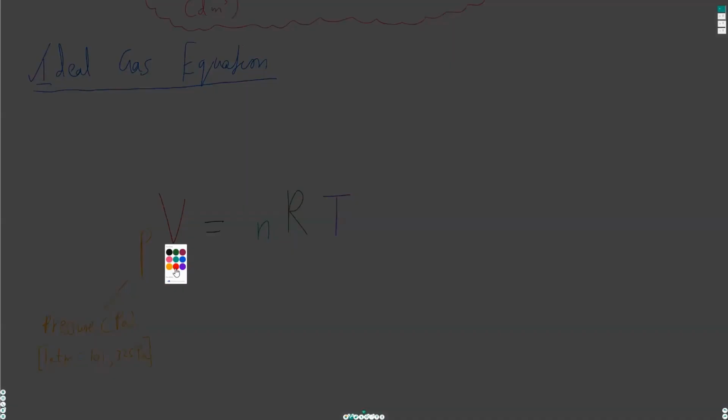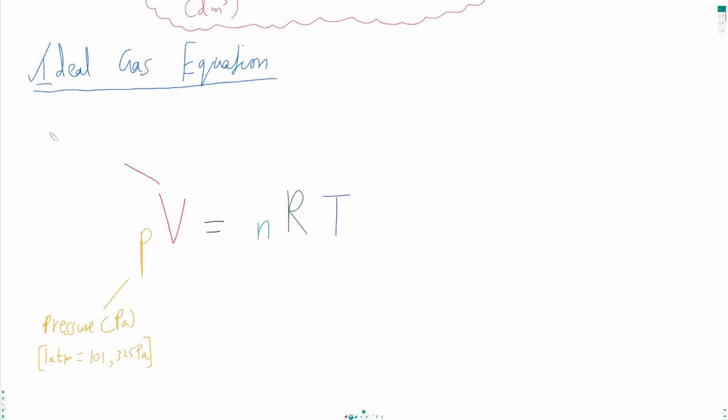V, the red one, stands for volume, and volume is in cubic meters. So 1 meter cubed equals 1,000 decimeter cubed, which is 1 million centimeter cubed.